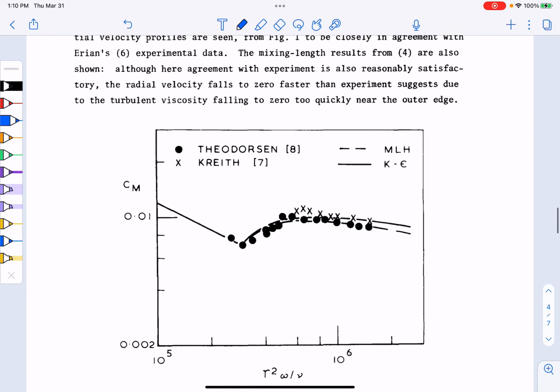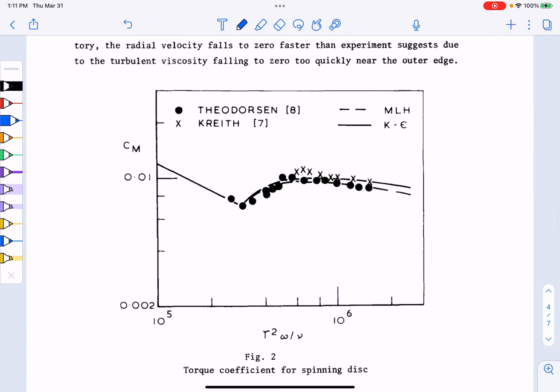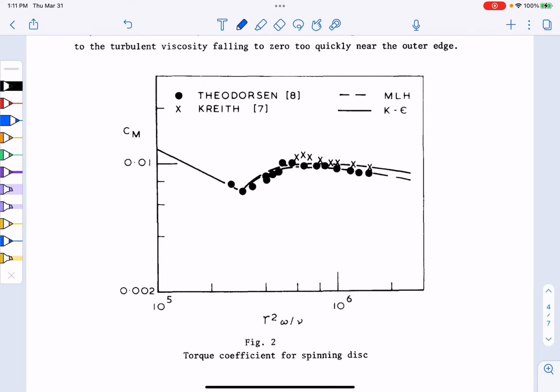And this was actually studied with a coefficient of torque versus their predictions with epsilon. And here's the analytical theory of Theodorsen, which I mentioned. That's what these dots are. And it agrees pretty well, especially at higher values, 10 to the 6.